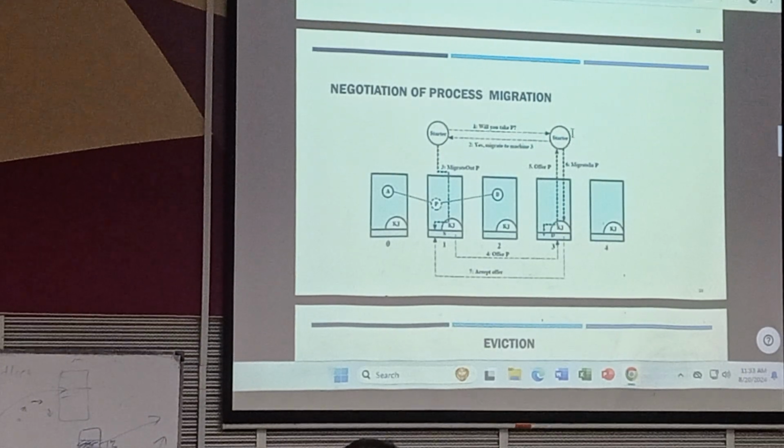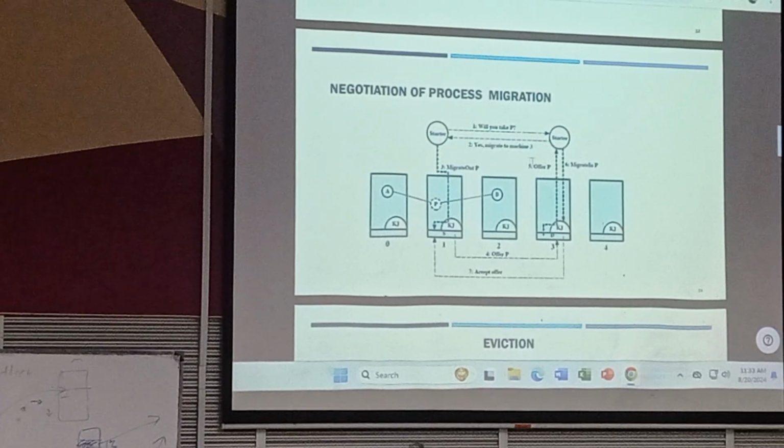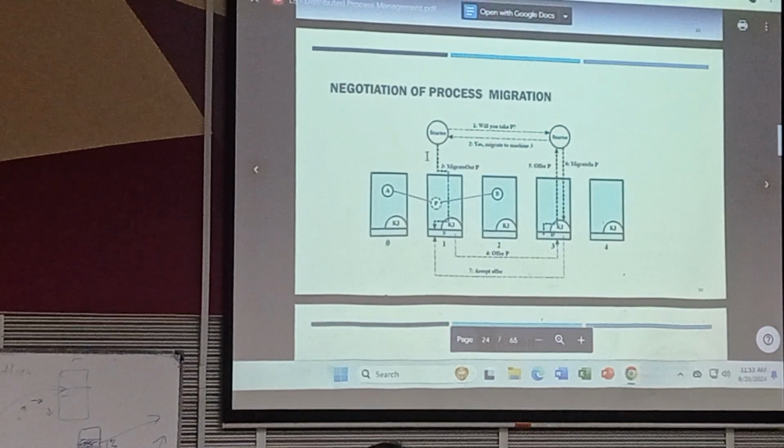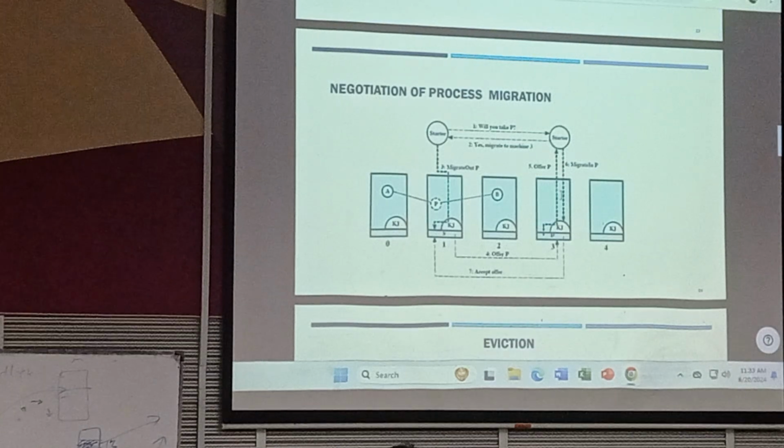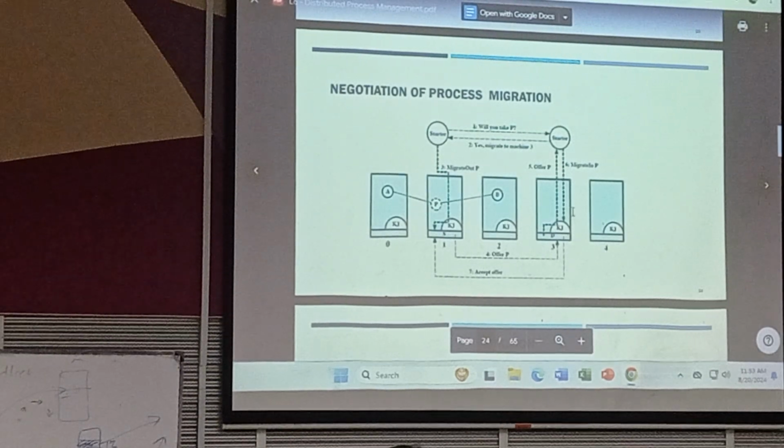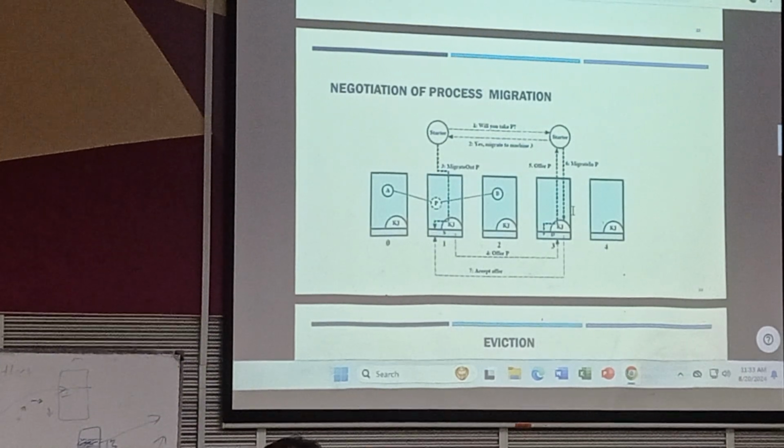You ask the other machine, are you willing to take this process P? Then you look at the resources and respond yes or no. If you respond yes, then you offer P and it accepts it. When the transfer completes, the process is running on the new machine.